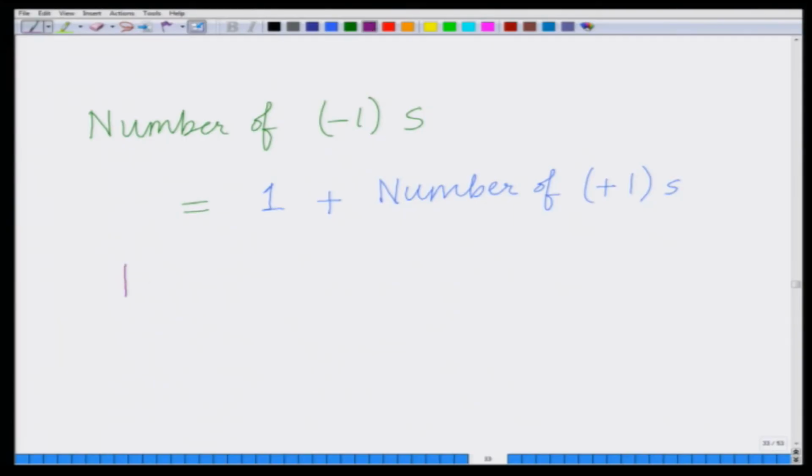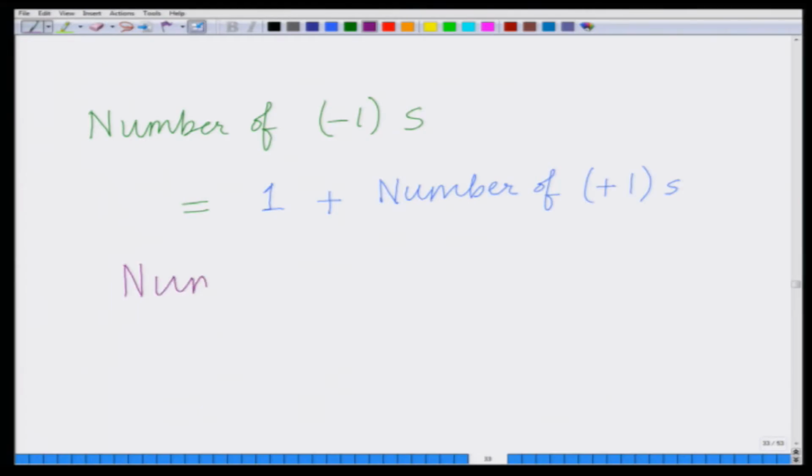So, out of a total length of 15, we have 8 minus ones and 7 plus ones. The number of minus ones and plus ones is roughly equal, and this is known as the balance property.